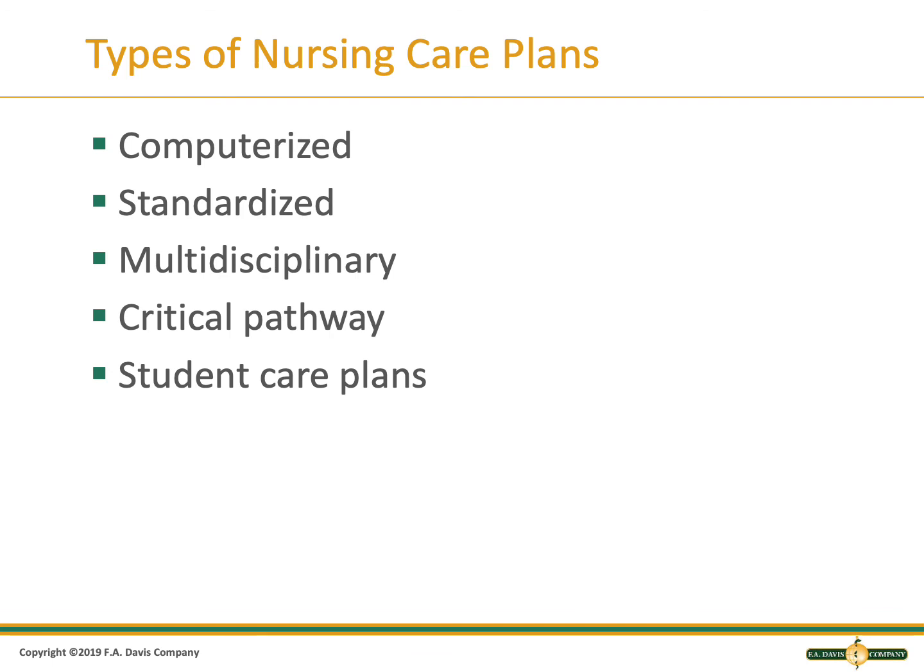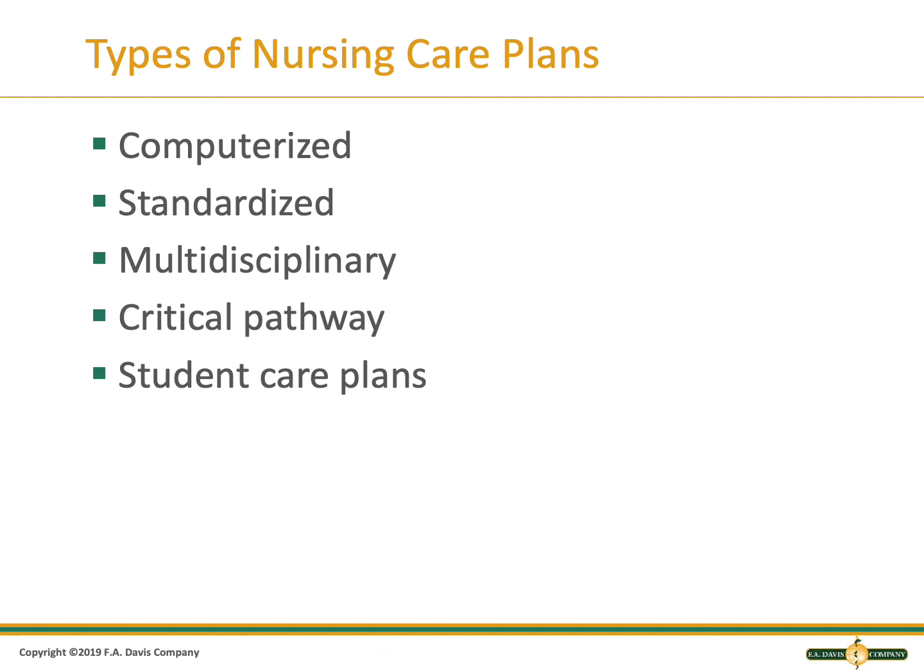And then critical pathways, also called clinical pathways, are like a standardized care plan, except they're based on the progression expected for each day the patient is in the hospital. It uses the average length of stay for the particular medical diagnosis as the basis for progression of care.